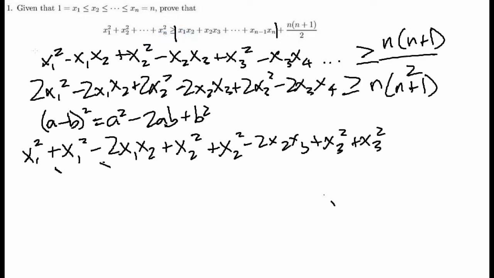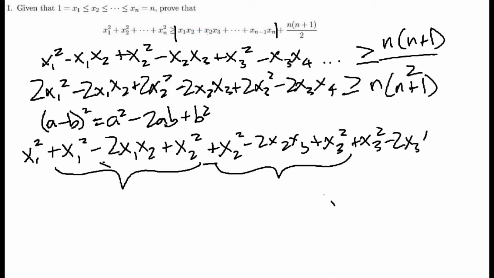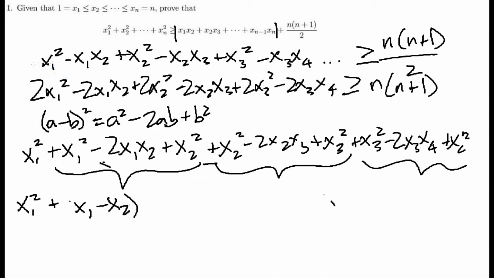And if you do this, you'll see that they go by these sort of sets, plus x4 squared, and these sort of simplify down to x1 squared plus x1 minus x2 squared plus x2 minus x3 squared plus x3 minus x4 squared, and so on.